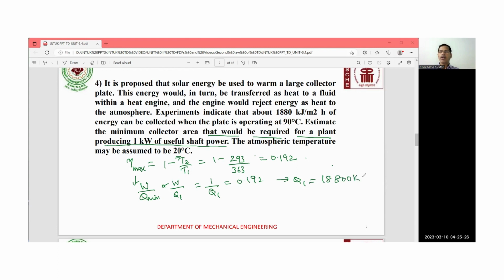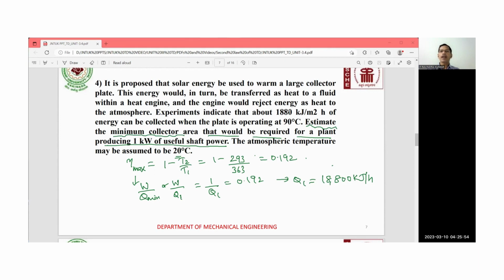So with this, the Q1 value you are going to get is 18,800 kilojoule per hour. But your aim is to estimate the minimum collector area.